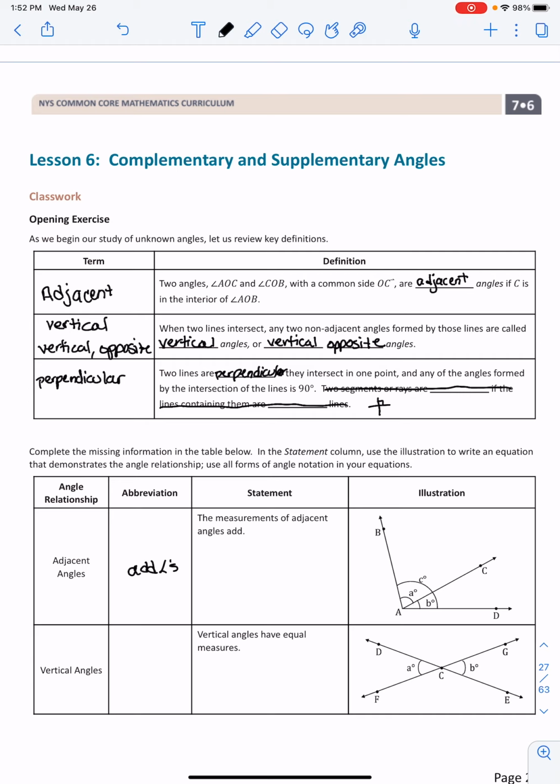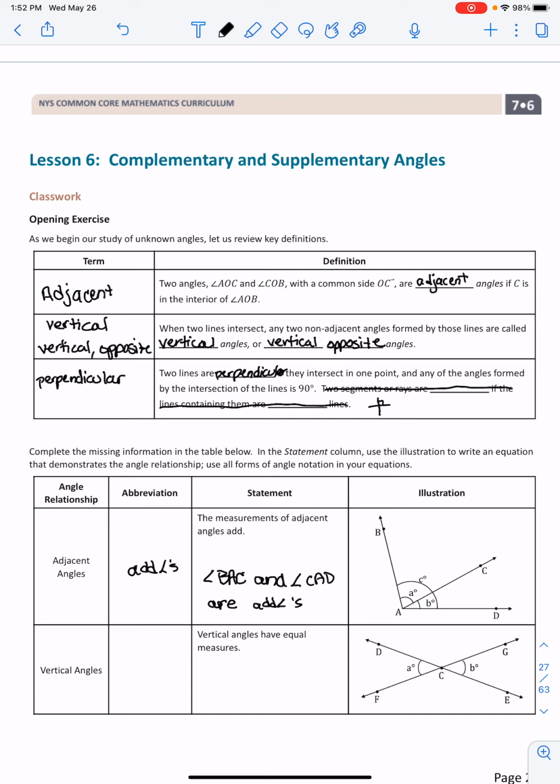We have angle BAC and angle CAD are adjacent angles.